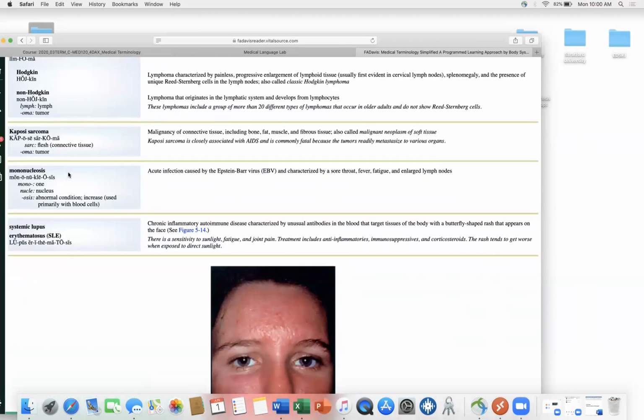Then you also have Kaposi sarcoma, also known as KS. Kaposi sarcoma is a tumor that only comes out with someone who is HIV positive. Kaposi sarcoma is heralding full-blown AIDS. Not a good sign. And you could see sarcoma. Oma means tumor. Sarc means fleshy tissue.